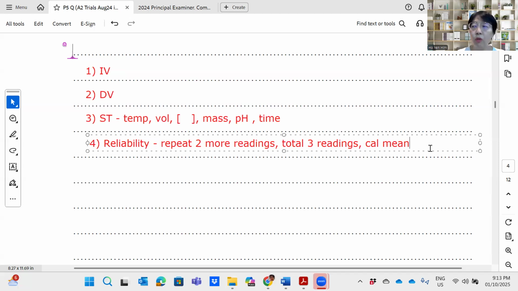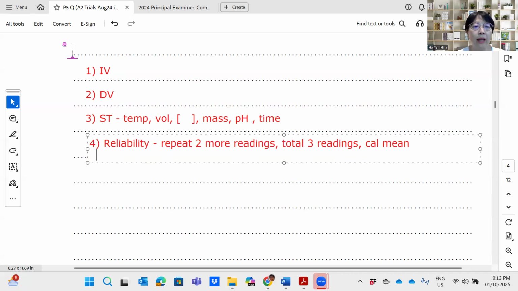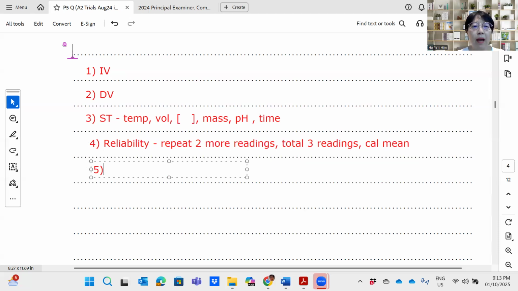Or from the repeats, you can ignore the error. So you identify the error or the anomaly. Sorry, anomaly is the word. So you identify the anomaly and you don't calculate the mean using the anomaly. Okay, reliability. And then number 5 is called what?